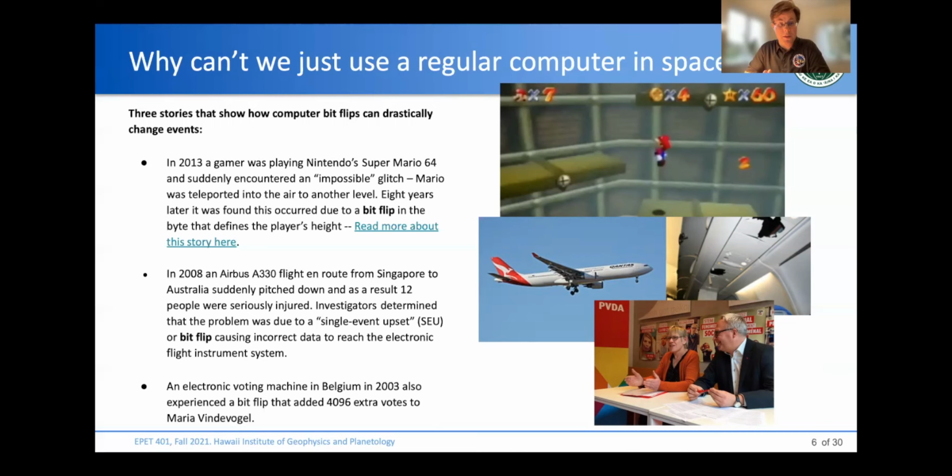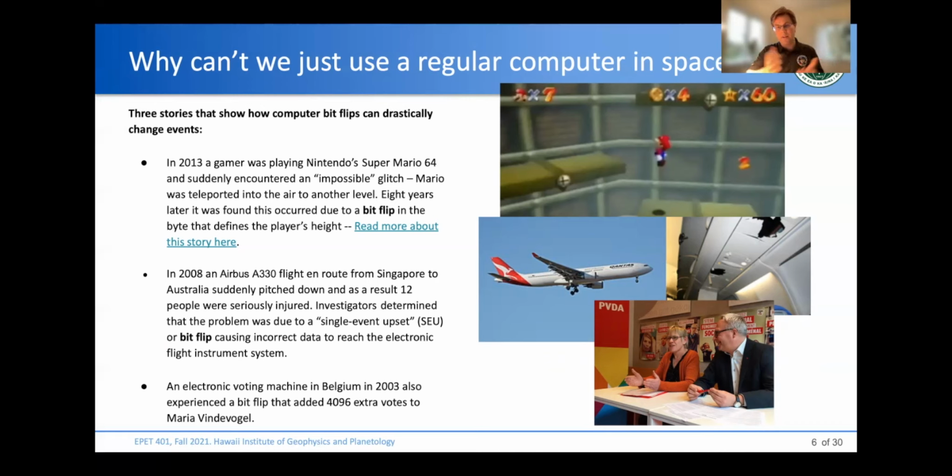In 2013, there was this player playing Super Mario 64, and suddenly he jumped to another level. Literally the height of Super Mario was upgraded to another level, and nobody really knew what happened. And by the way, this was streamed on Twitch, so that's why we have a record of this event.